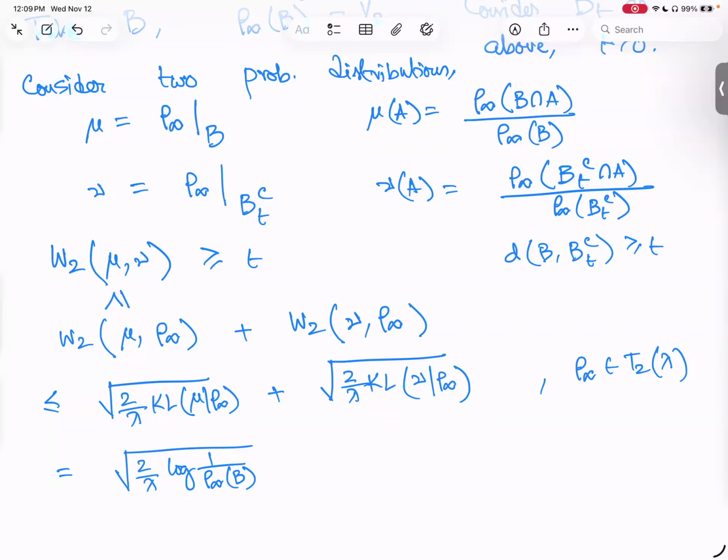So when you take the likelihood ratio of mu with respect to rho infinity, you get 1 over rho infinity of B inside B and 0 otherwise. And so you get exactly this quantity.